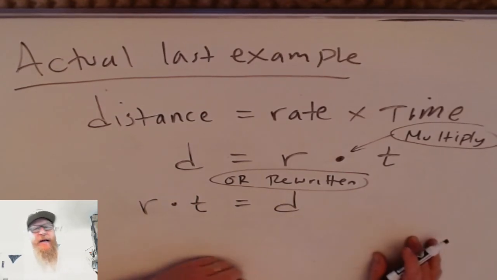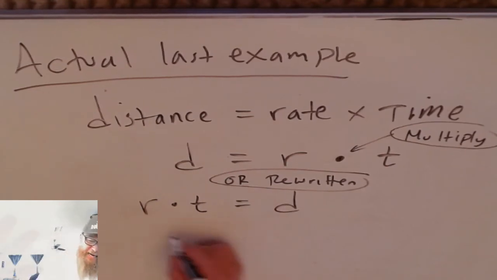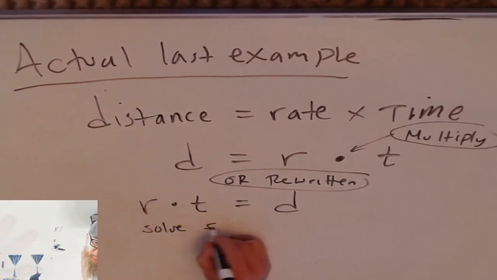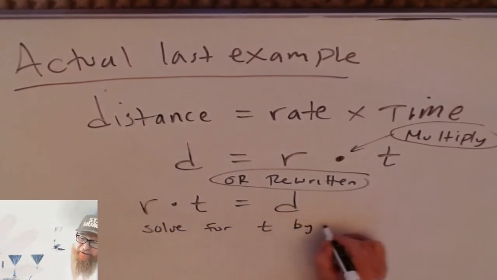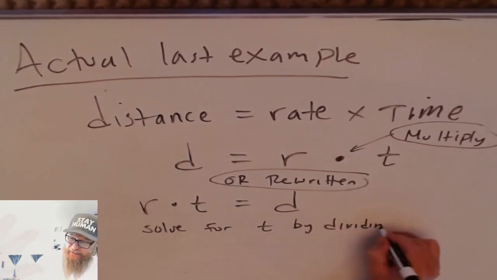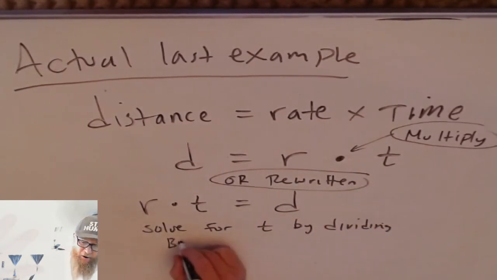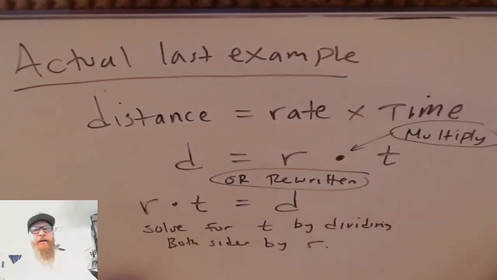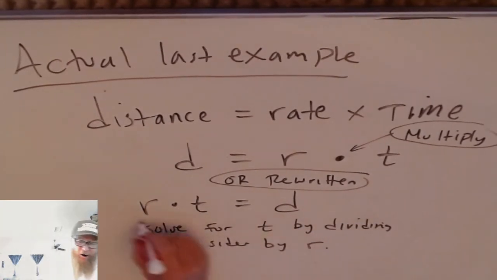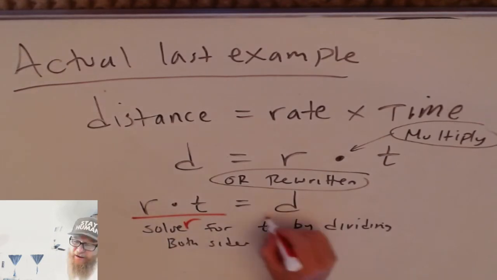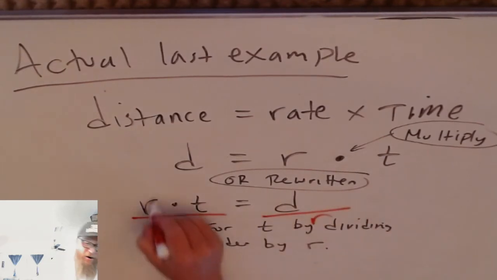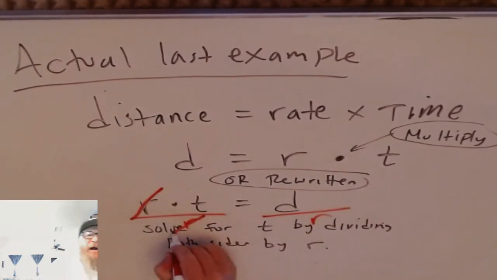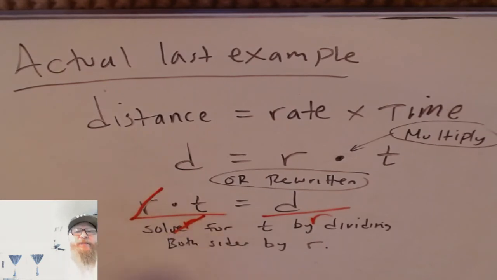And then I like to solve for T by dividing both sides by R. So I've got RT divided by R, and I've got D divided by R, and then R divided by R. This is a little intro to algebra of next week.